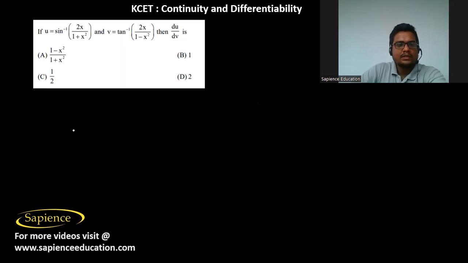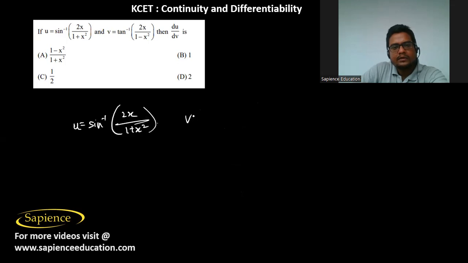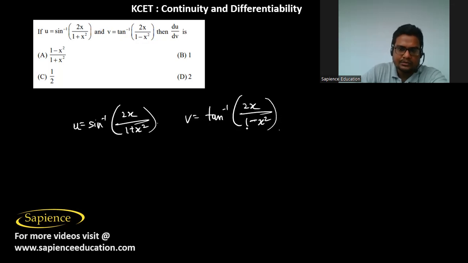Then here it is told that if u equals sine inverse of 2x by 1 plus x square and v equals tan inverse of 2x by 1 minus x square, then du by dv is how much?